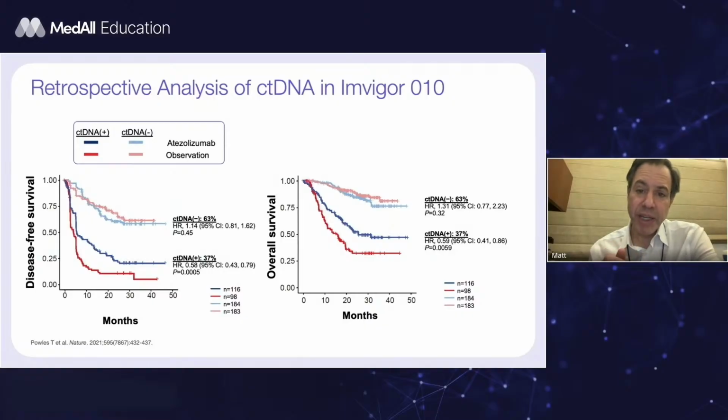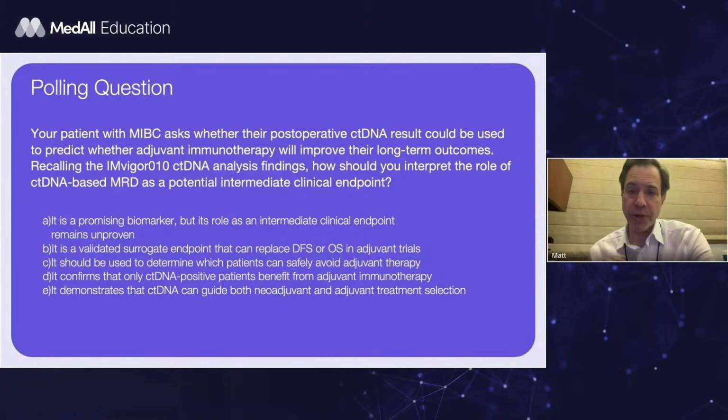And you can see immediately that patients with undetectable ctDNA did not seem to derive benefit from the adjuvant immunotherapy and had a much lower risk for recurrence. Patients with detectable ctDNA at that single time point after surgery had a much higher risk of recurrence and are the ones who seemed to benefit from adjuvant immune checkpoint blockade. So really important retrospective data establishing clinical validity for ctDNA testing in this setting.